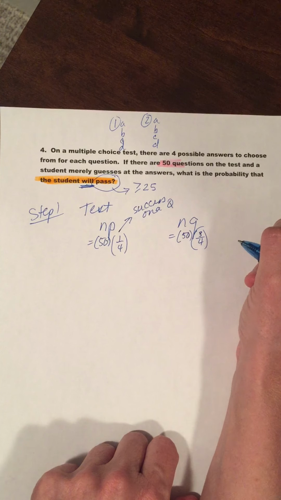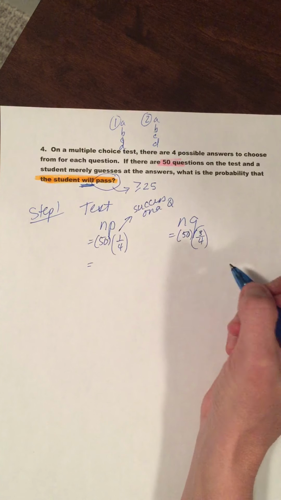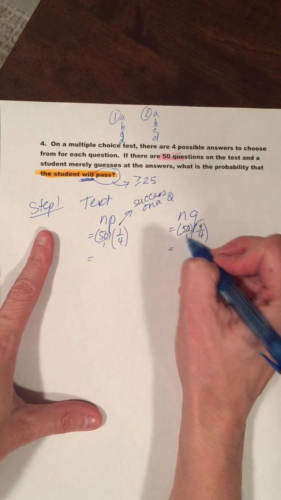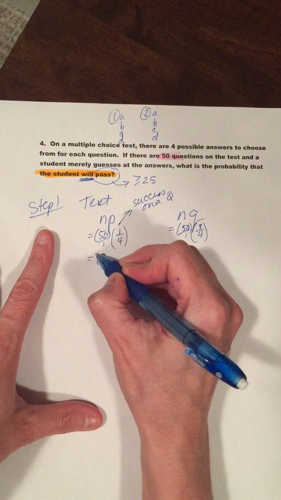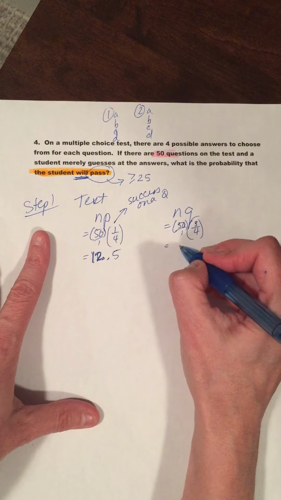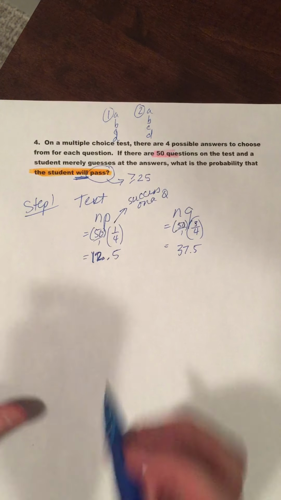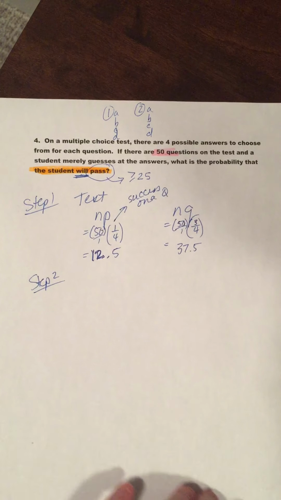Probability of failure is also on each question, and that's going to be 3 out of 4. So 50 over 1 times 1 over 4 is, sorry, 12 and a half. 50 over 1 times 3 over 4 is 37 and a half. So we've passed the test. Both values are greater than 5.